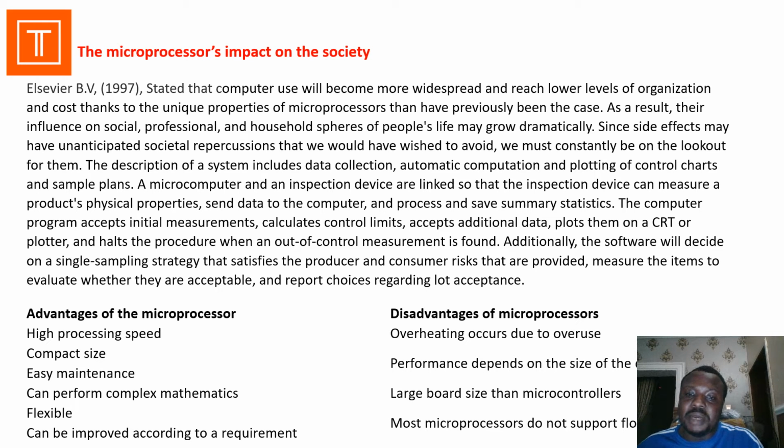Disadvantages of the microprocessor: overheating occurs due to overuse. Performance depends on the size of the data. Most processors do not support floating points, and have a larger bus size than microcontrollers.